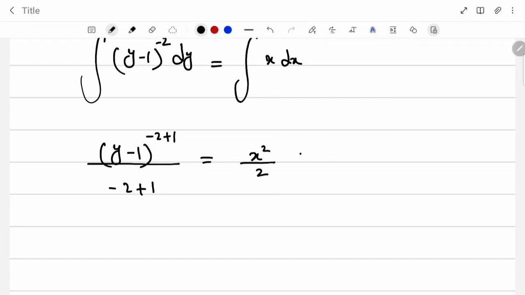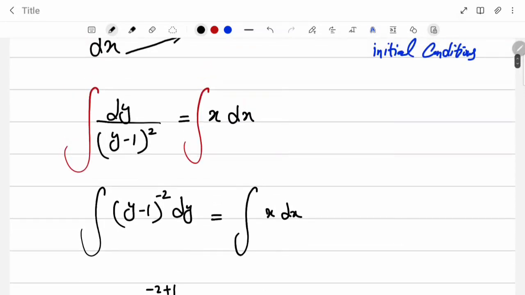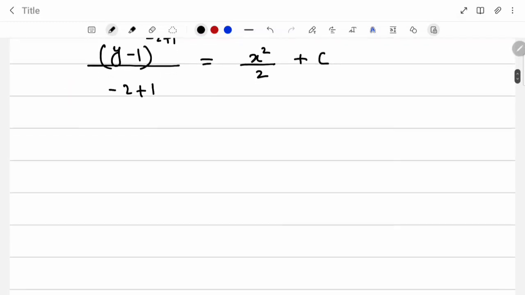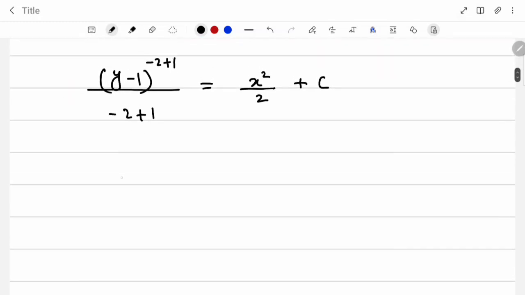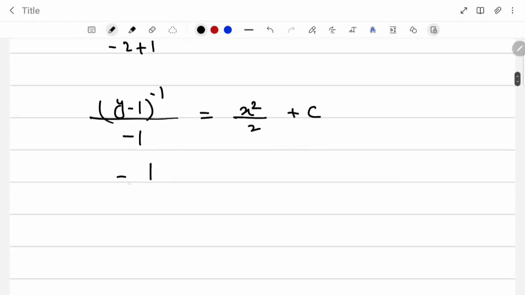And don't forget to mention c, and this is where we have to use the initial condition. So can I write it as (y minus 1) to the power minus 1, over minus 1, equals x squared by 2 plus c? So can I write this as well: minus 1 over (y minus 1) equals x squared by 2 plus c.